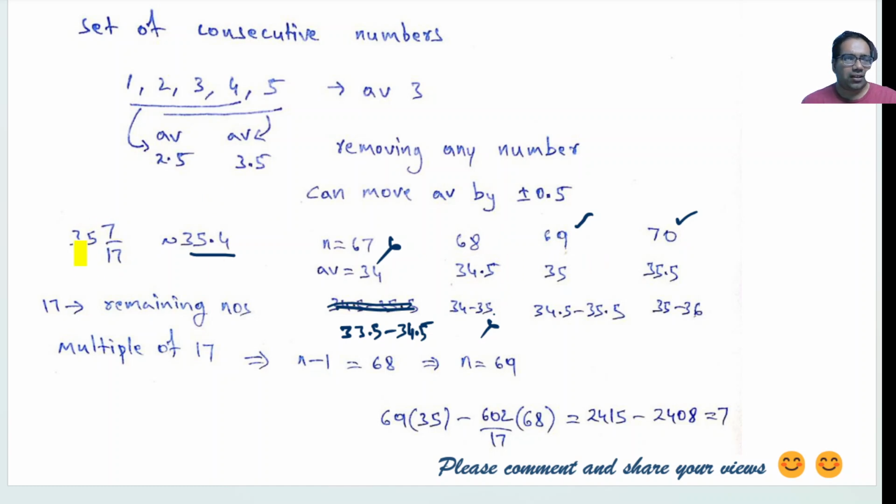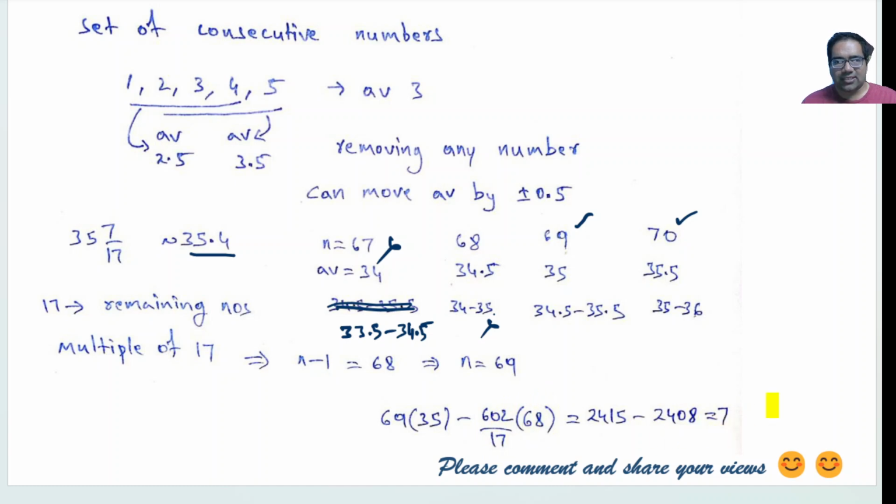Now, we are given that some number is removed. Doesn't matter, it still has 68 numbers with this average. So the total of these 68 numbers is 35 7 by 17, which becomes 602 by 17, times 68, because we still have 68 numbers. So 69 times 35 will become 2415. For this, 17 will go 4 times: 4 times 602 is 2408.